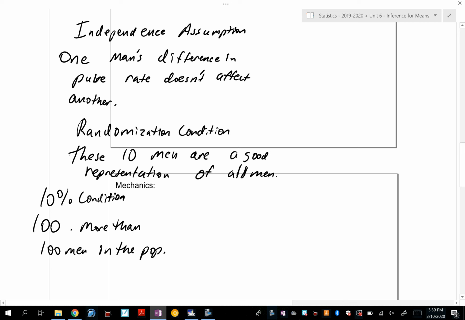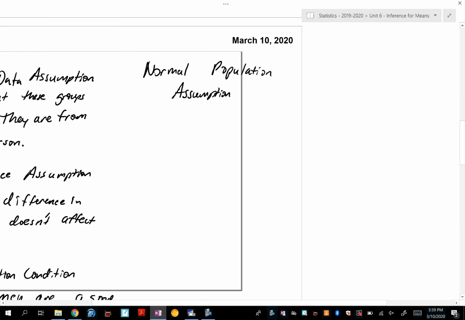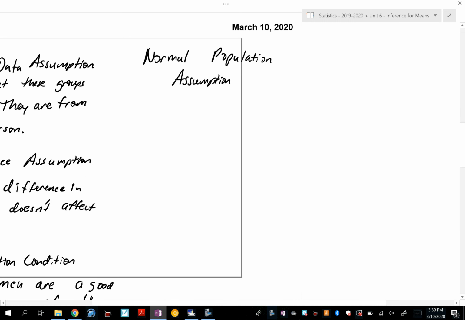All right? Now, this one we've checked before, the normal population assumption. This is saying that if we knew the differences for all the men, and we had their histogram, what would that histogram look like? Unimodal. And actually, because we're assuming it's normal, you can take out the roughly part. Just say, we think it's unimodal and symmetric. Perfect. It's a perfect histogram. Unimodal and symmetric. That is normal.